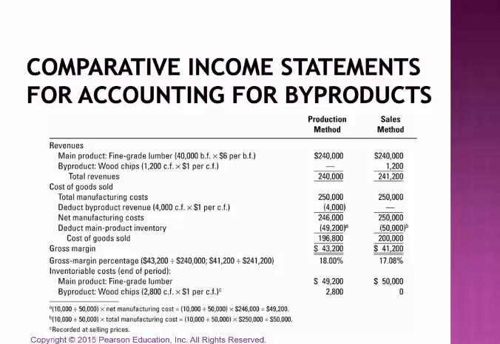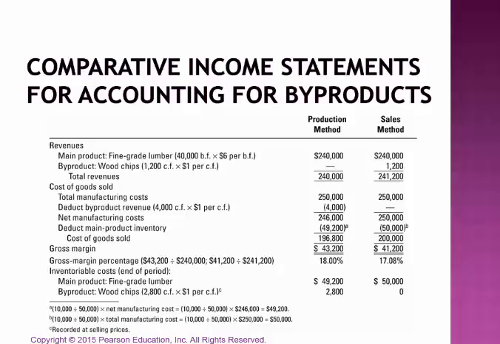We are going to handle that differently down farther below. But under the sales method, we would recognize that as revenue. So 1,200 cubic feet times $1 per cubic foot equals $1,200 in revenues.